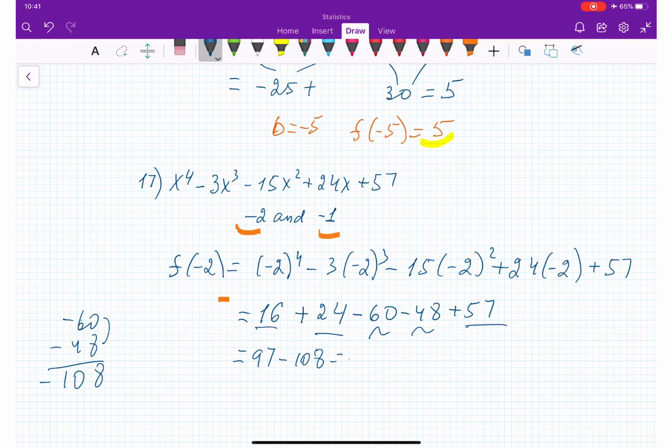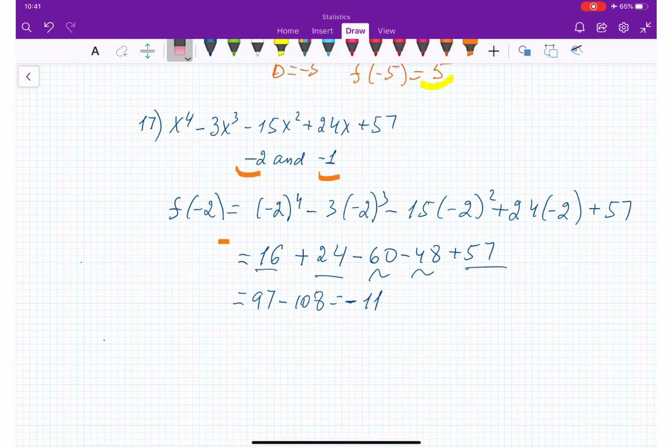And the sign is definitely going to be negative because 108 is greater than 97. 108 minus 97. 8 minus 7 is 1. 10 minus 9 is 1. So -11. Okay? This is an important number we are going to keep in mind.